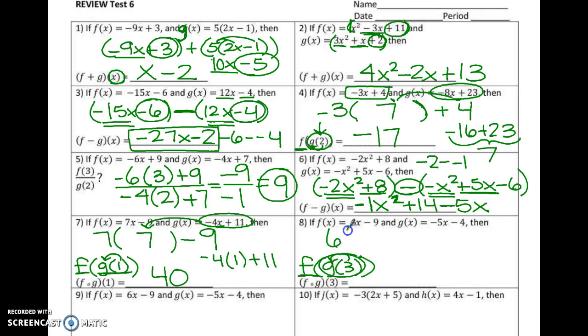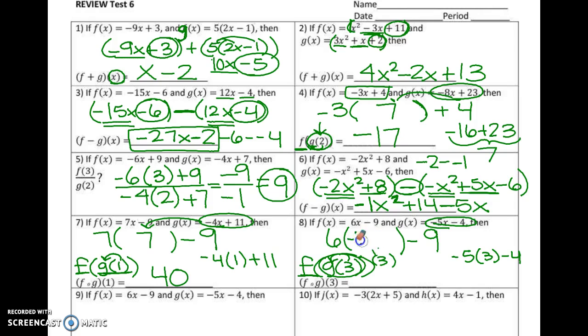F is our outside function, and the g function goes inside, negative 5x minus 4. And into there we're plugging in a 3. So if I do negative 5 times 3 minus 4, I get negative 19.